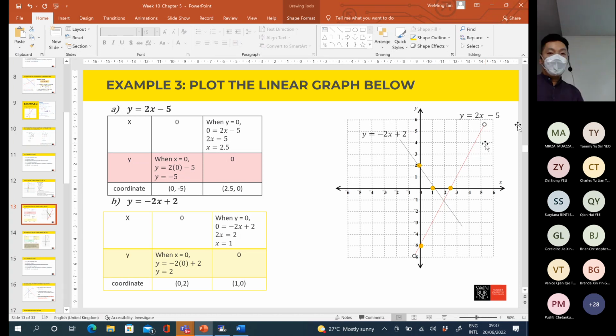Okay, next example, I believe you should study by yourself. y is equal to negative 2x plus 2, right? Because the m is negative 2, that means this line will have a negative slope, and will pass through the y-axis when the y value is equal to positive 2.